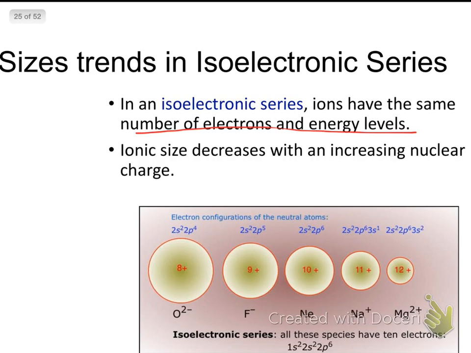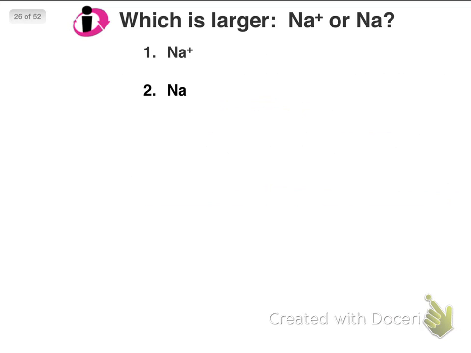In an isoelectronic series, the size is going to get smaller with increasing nuclear charge. They all have the same number of electrons and the same number of shells. The only thing that's different is I have more protons as my atomic number increases, so I'm going to create more pull from the nucleus on the electrons.